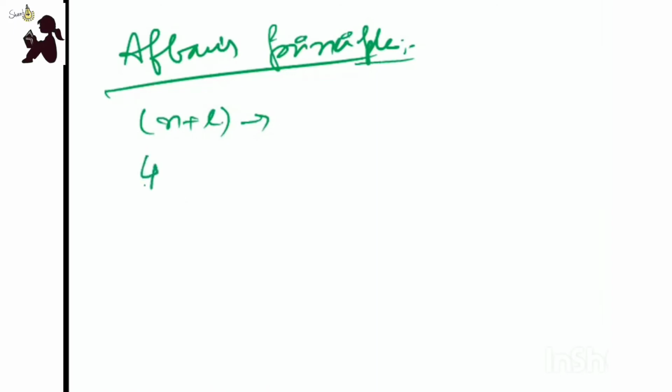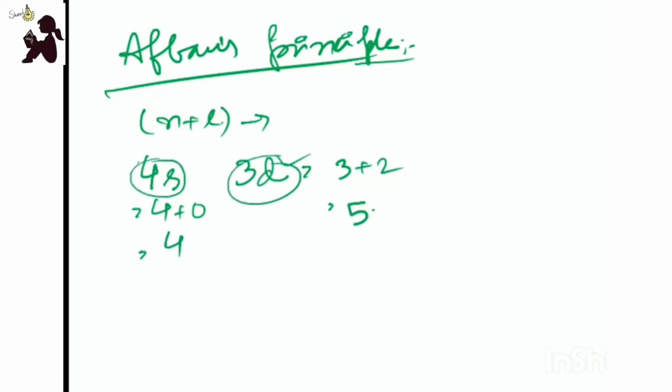That means if one has 4s and one has 3d, what will n plus l be? For 4s it is 4 plus 0, which is 4, but for 3d it is 3 plus 2 equal to 5. So the 4s orbital will be filled first and 3d will be filled after this.